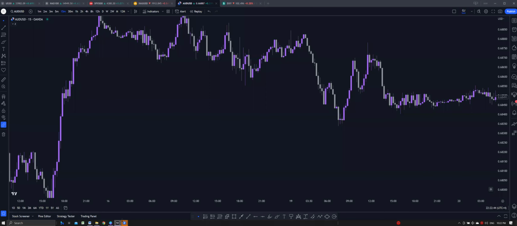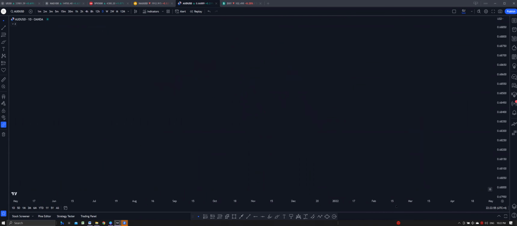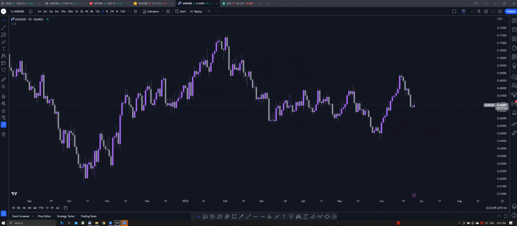So let's look at a nice example here. Let's look at AUD USD here, and let's look at the daily time frame. And let's look at the flat numbers. Let's pick up a few flat numbers here. Let's say 0.65, yeah?